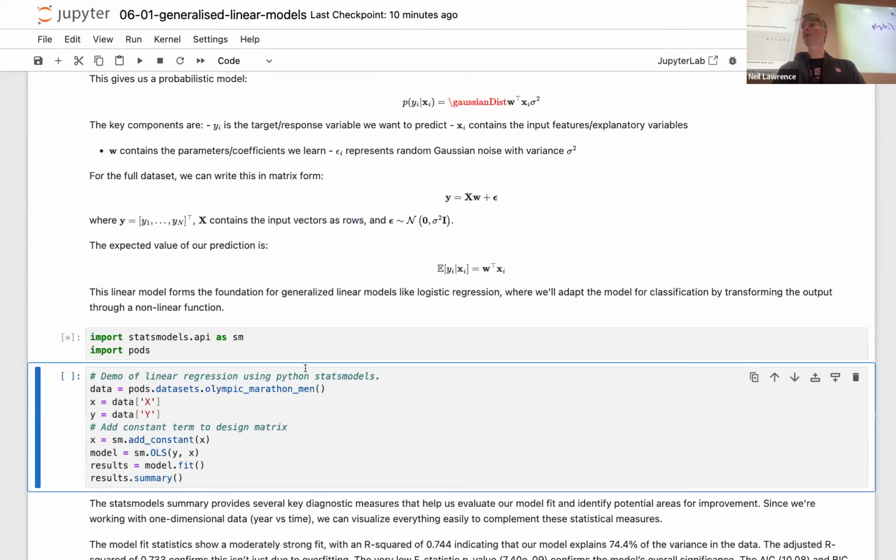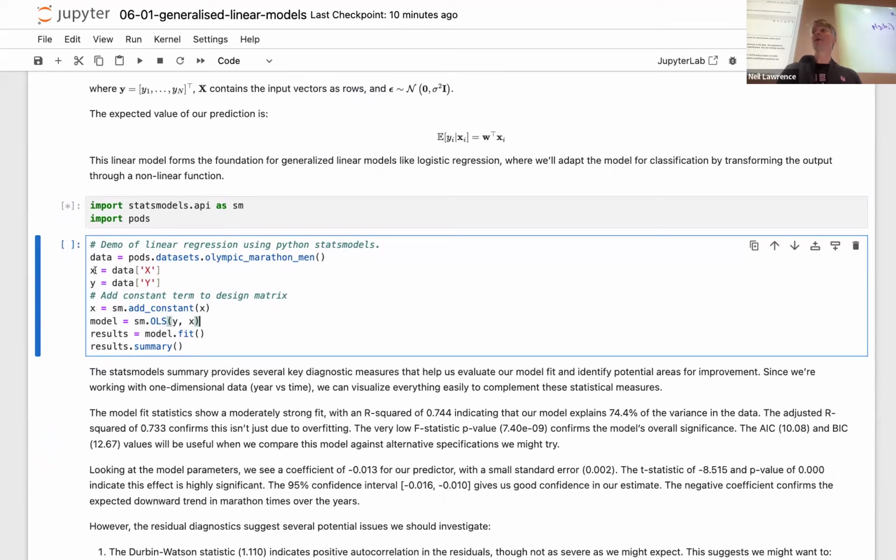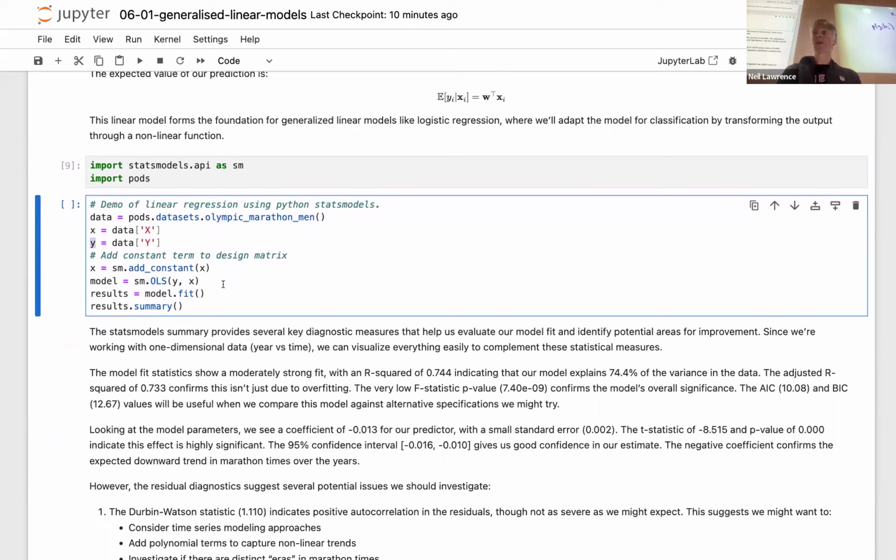So it's very simple. Once we've loaded in the data, we've got input data X, a target value Y. And then what we do is we add a constant to X, because X is just the times we're interested in, right? If we do the regression without that, I'll show you what happens.